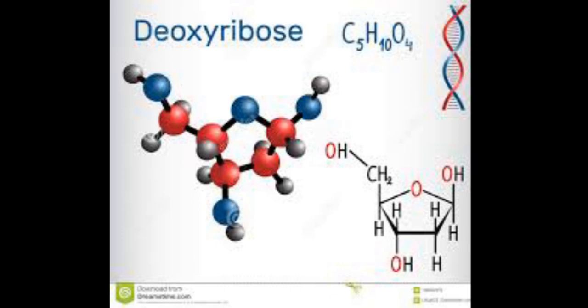Out of 5 carbons, 4 carbons are present in the ring and the 5th carbon is out of the ring. And the most important thing, at carbon number 2, this oxygen is missing. That's why it is called deoxyribose sugar. De means absent, oxy means oxygen in the ribose sugar. One oxygen is missing in the ribose sugar at carbon number 2. If this oxygen is present, then it will be the formula of ribose sugar.